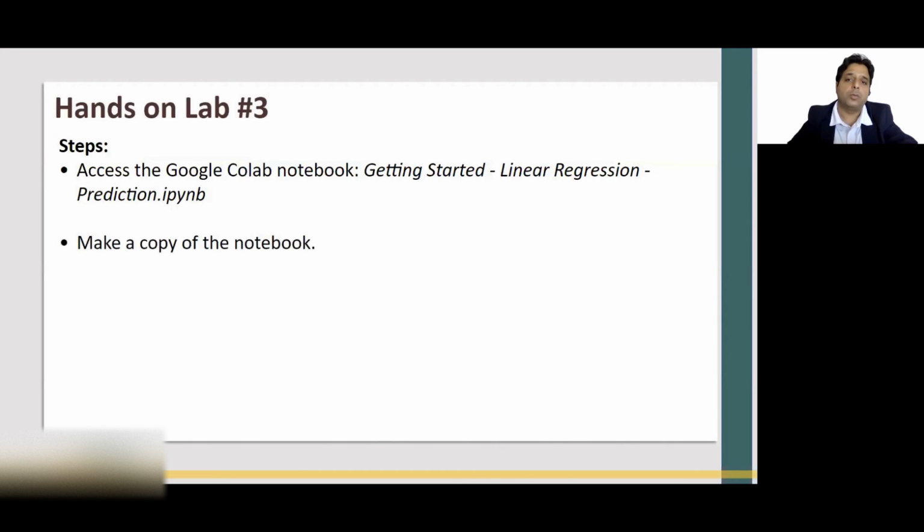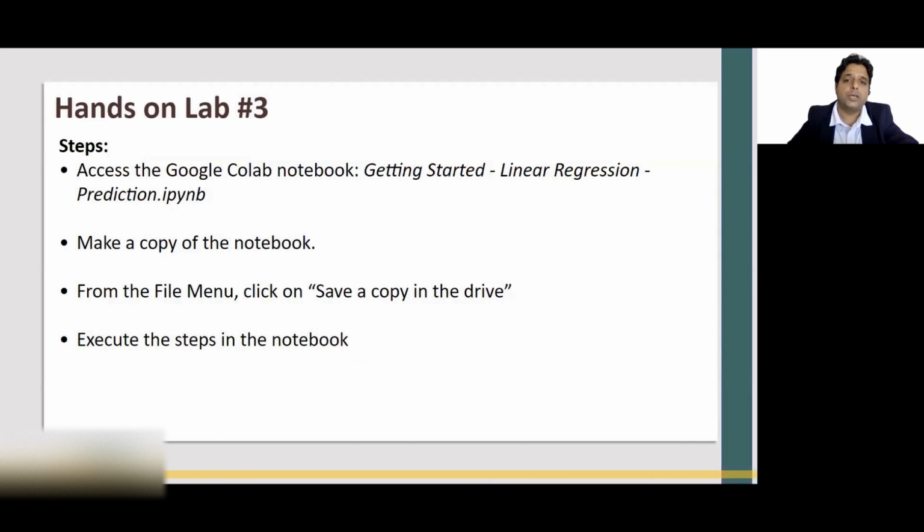Make a copy of the notebook. I'm going to show you in a few minutes how to make a copy of this notebook. From the File menu, click on Save a copy in Drive, and finally execute the steps in the notebook. All of these steps are exactly the same steps that you have done in the previous sections.